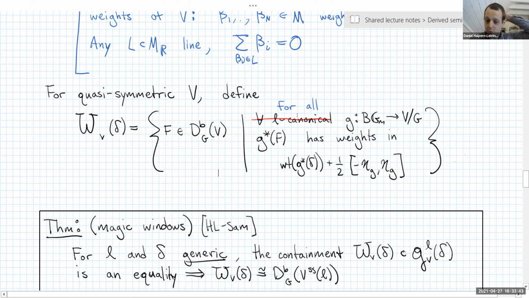So this is a tremendously more constrained category. In particular, I can have all different L's and I'll get all different GIT quotients. This is saying that you can take the L-canonical graded points for all possible GIT quotients, and ask that the weights lie in this interval, and this W via delta will sit inside all of those categories.